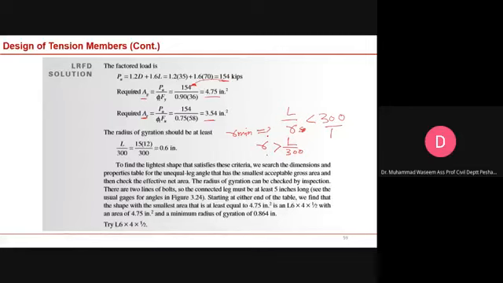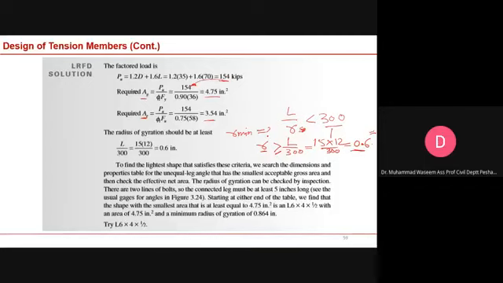Okay, so you have to select a member which has a radius of gyration about this. Okay, like the length is 50, and if you do the calculation, this comes out to be 0.6 inches. So you will select an angle which has a radius of gyration equal to or greater than 0.6 inches.